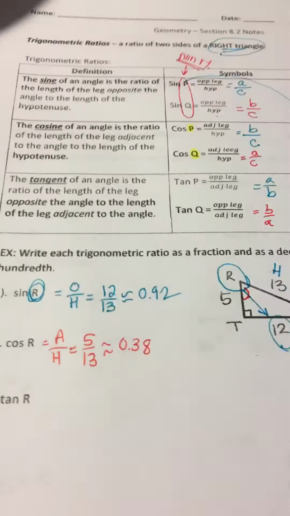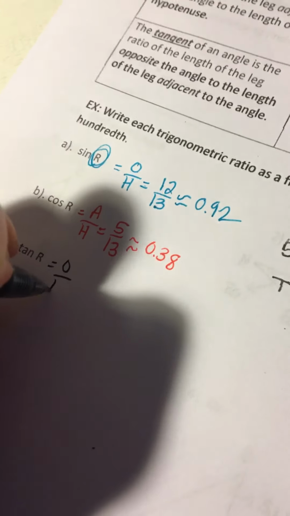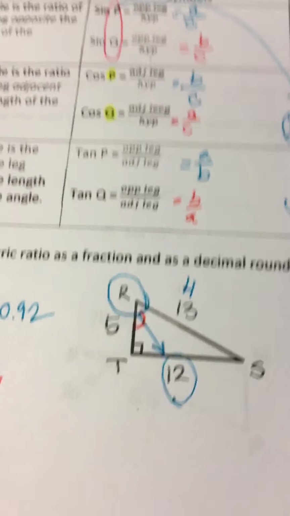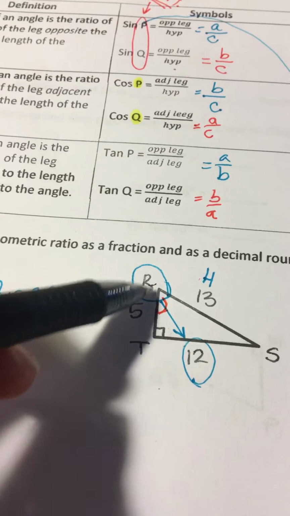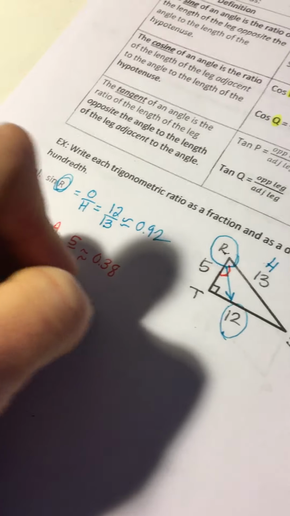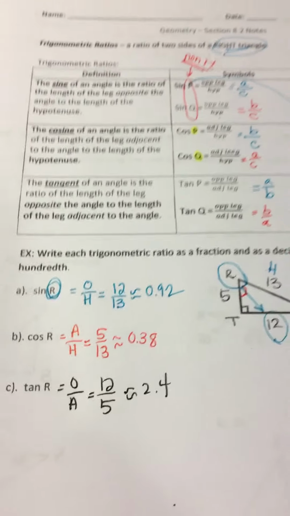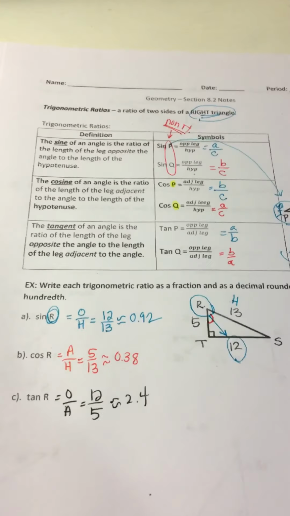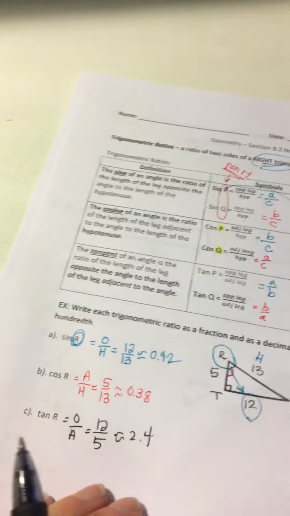And tangent of R is going to be opposite over adjacent, which in this case, again, R is my reference angle, so I have opposite, which is 12, divided by the adjacent side, which is 5. And that's approximately 2.4. All of these examples are in your book too, so you can look at the examples that I'm doing here and glance at your book and try some.